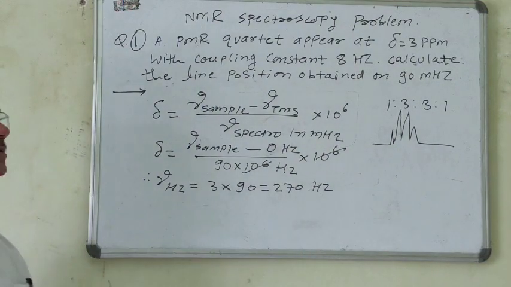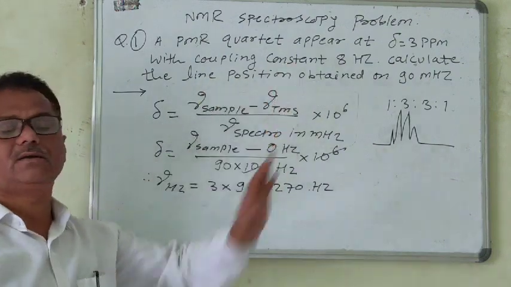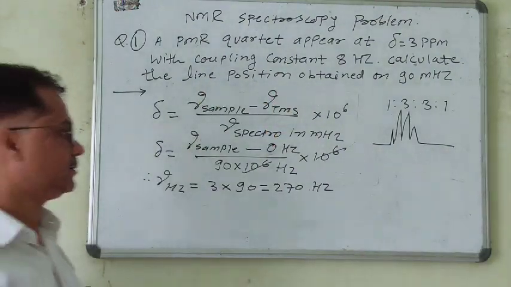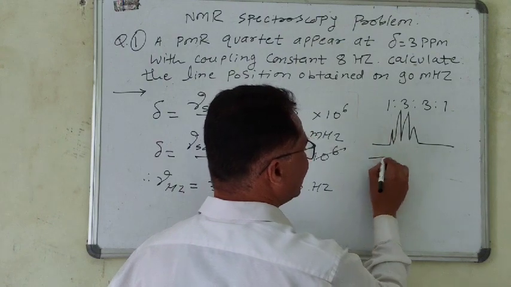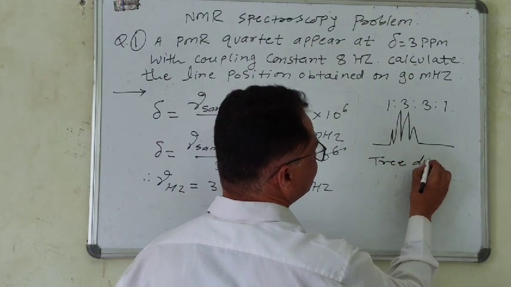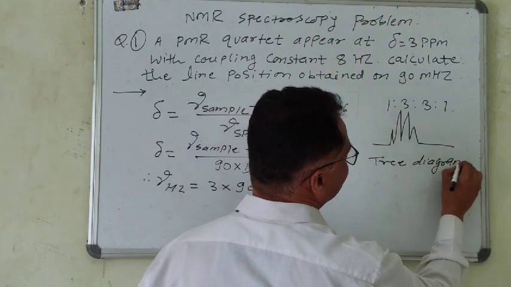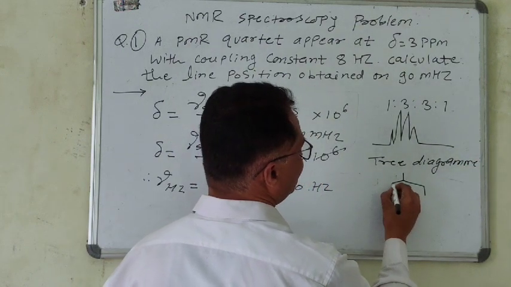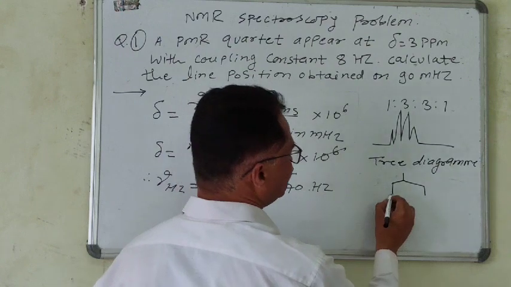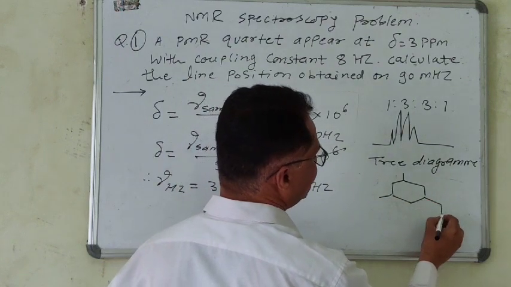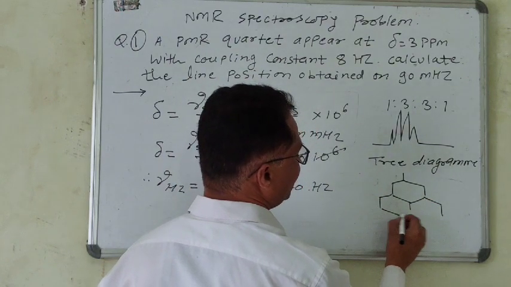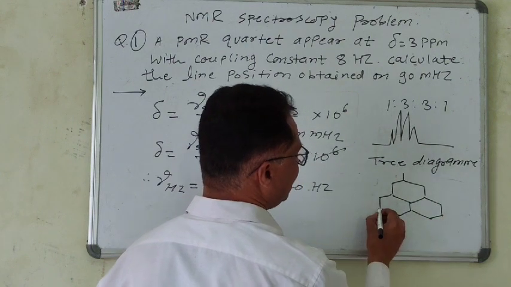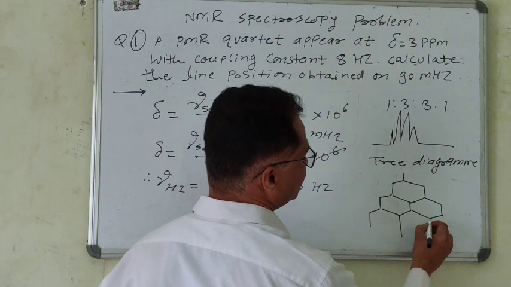Now let us see the tree diagram for the quartet so that we can find the line position in a 90 MHz instrument. First of all, we have to draw like this, then like this, and again like this.